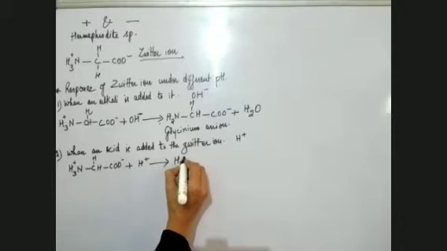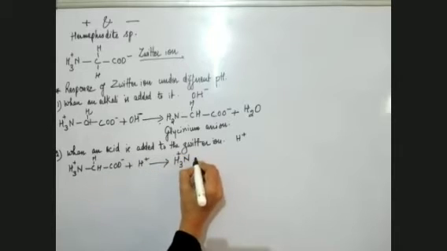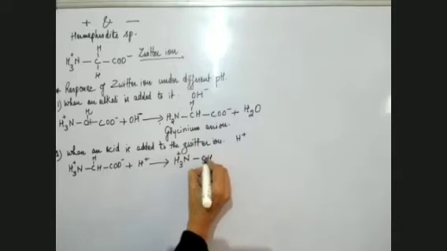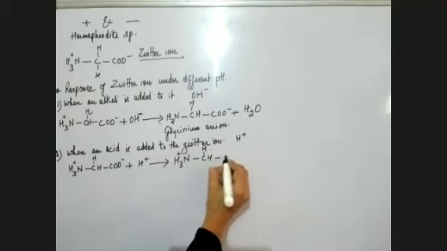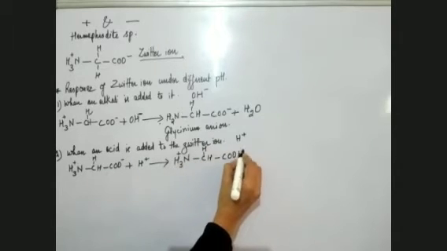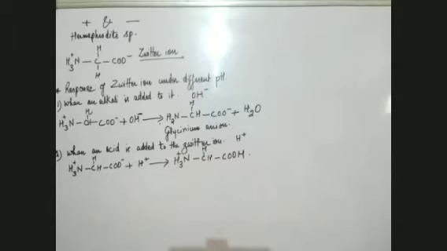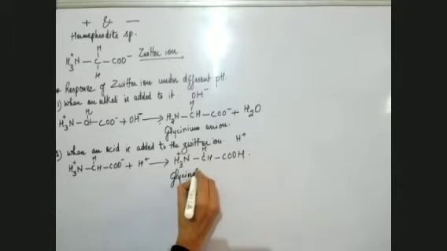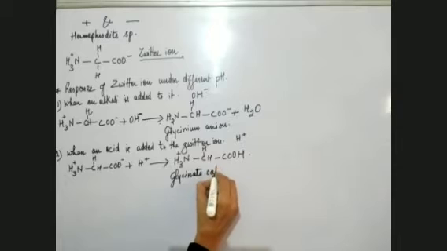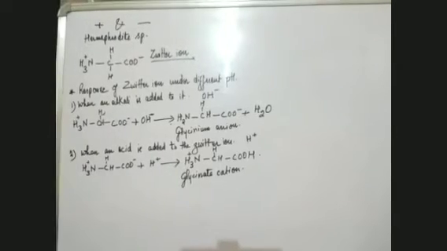This will remain the same with the positive charge, here CH2, and here this will become COOH without any charge. So this has only positive charge, and this is the glycinium cation. This is what happens when an acid is added to the Zwitter ion.